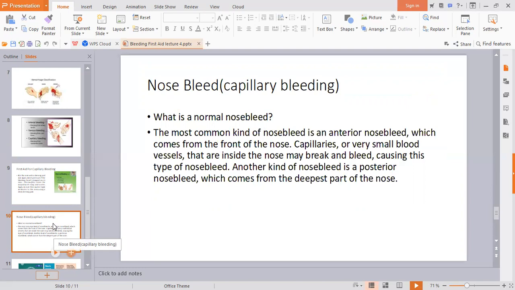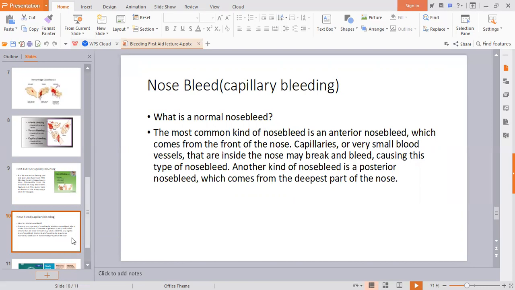The most common kind of nosebleed is an anterior nosebleed, which comes from the front of the nose. Capillaries are very small blood vessels inside the nose that may break and bleed, causing this type of nosebleed. Another kind is a posterior nosebleed, which comes from the deepest part of the nose.